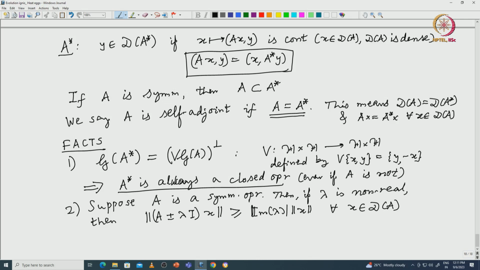So this implies further that the image of A plus or minus lambda I, a subspace of H, is a closed subspace if and only if A is closed.